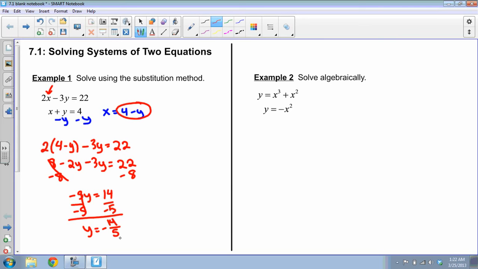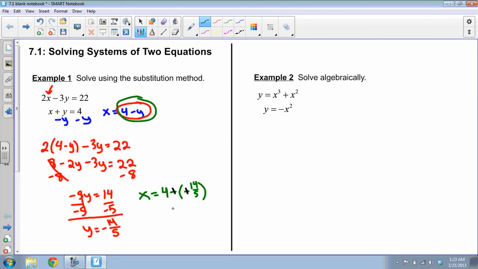Now we want to go back and plug in for x, and the easiest place to do that with substitution is right where we had already solved for a variable. Now we get x equals 4 minus negative 14 fifths, which is really 4 plus 14 fifths.